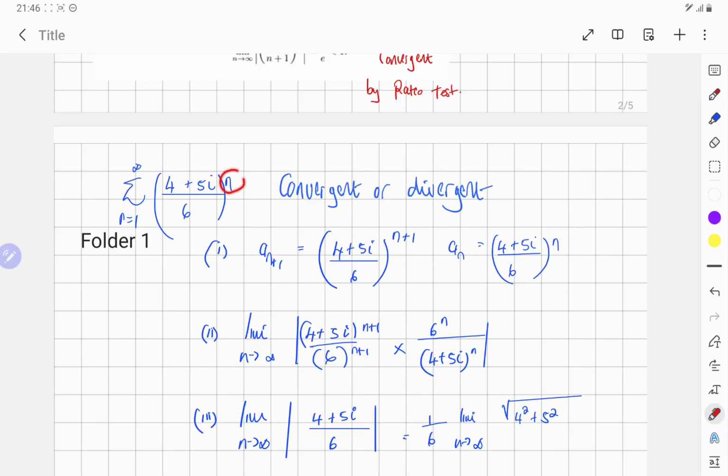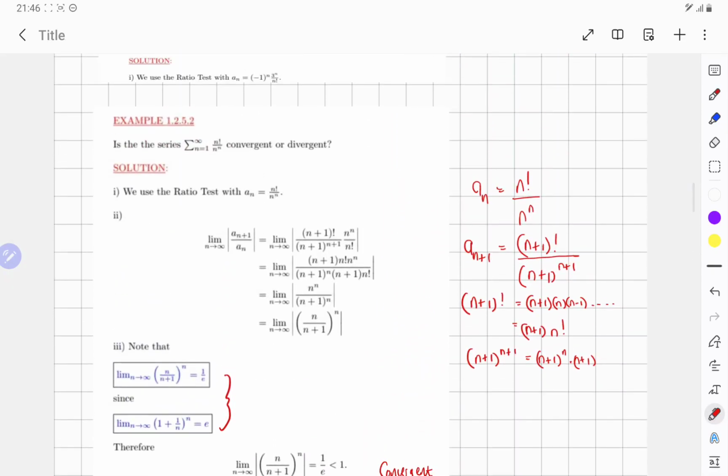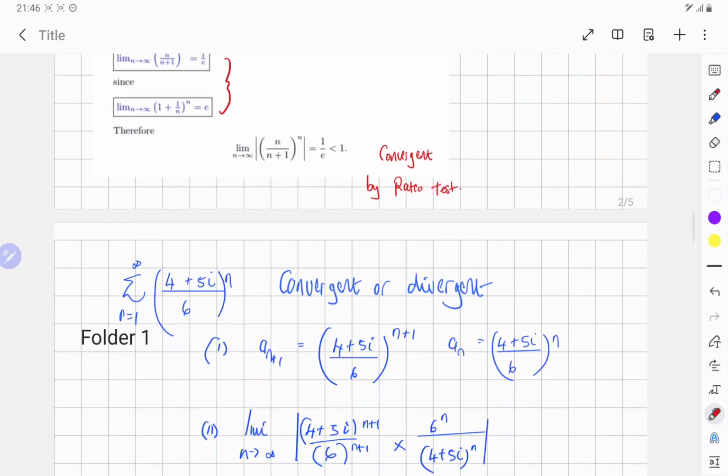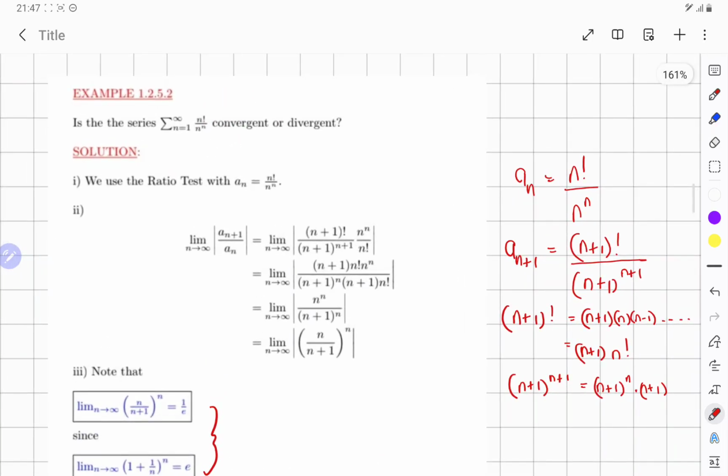Since I have n in my exponent, I am going to do the ratio test. So just another point I want to make clear here. If you have a factorial, it is advisable to skip the divergence test. So that's another of our exceptions when we do not start off with a divergence test.